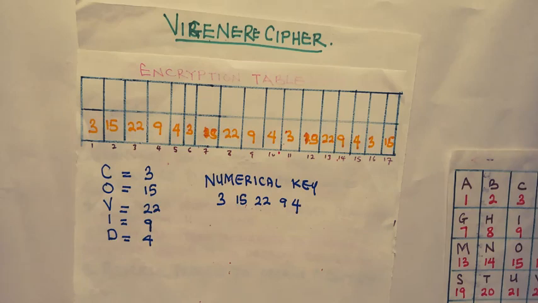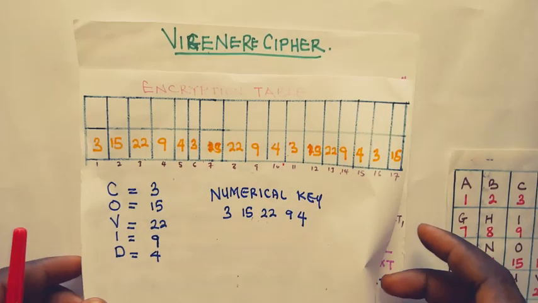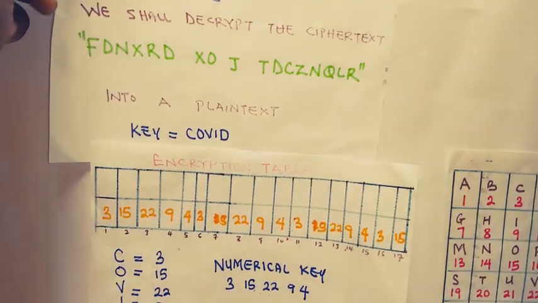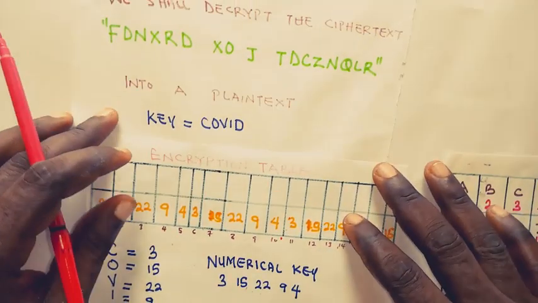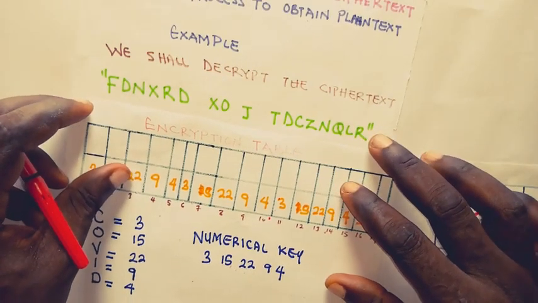Now the next thing for me to do is to arrange the ciphertext that I intend to decrypt into the encryption table.